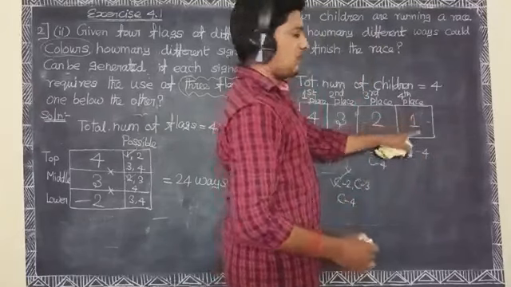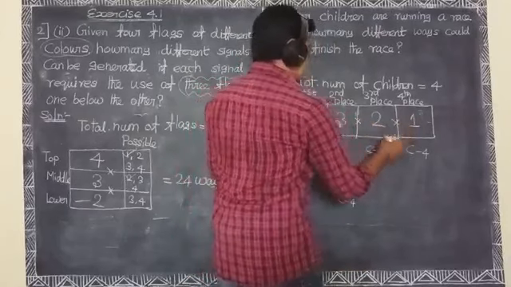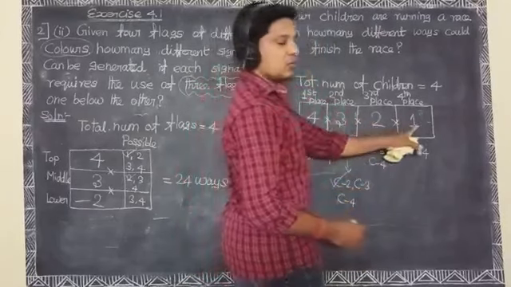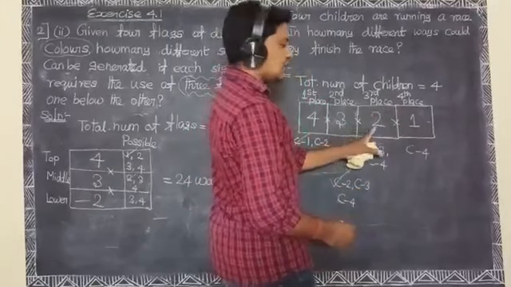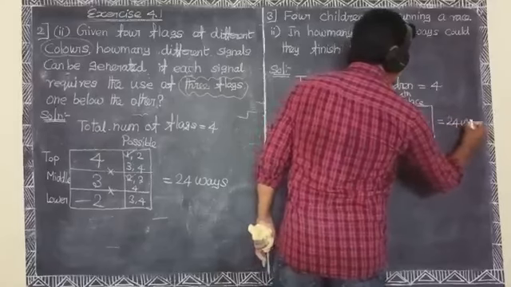The total number of different ways is 4 into 3 into 2 into 1: 4 into 3 is 12, 12 into 2 is 24, 24 into 1 is 24 ways.